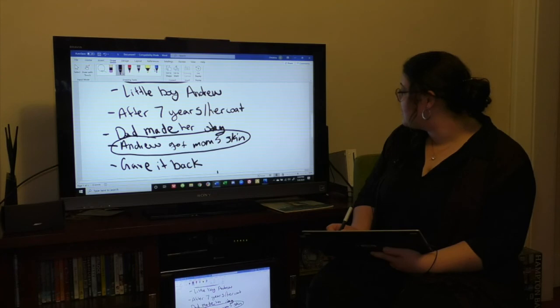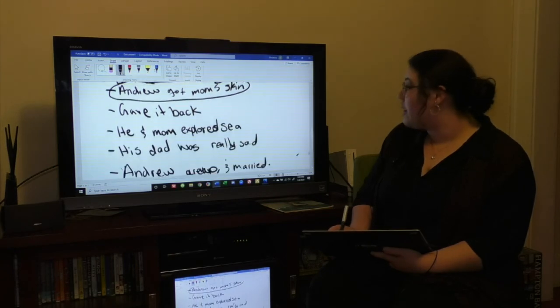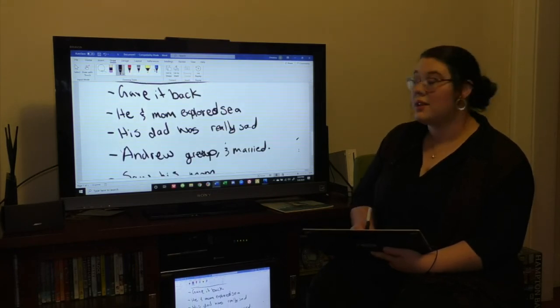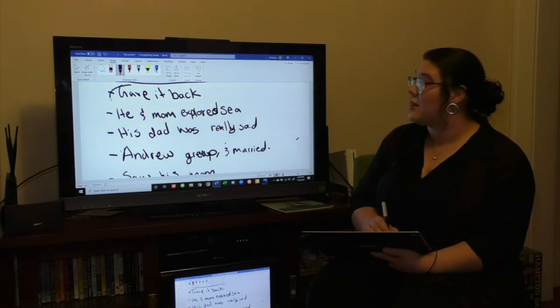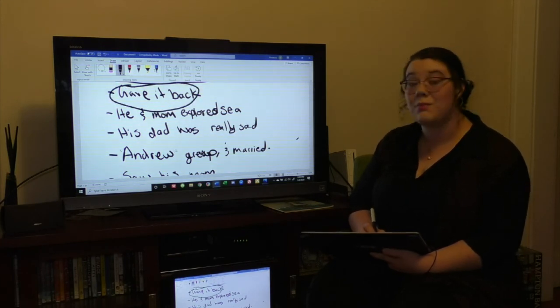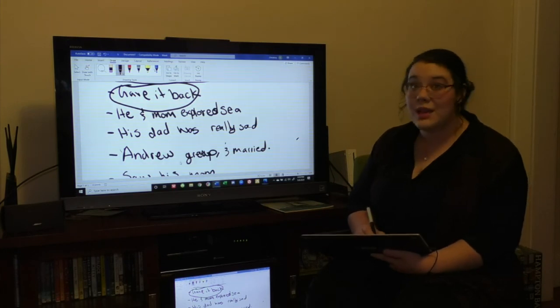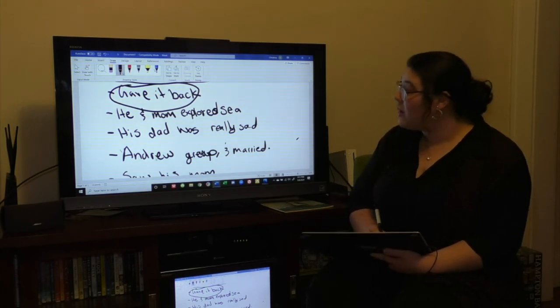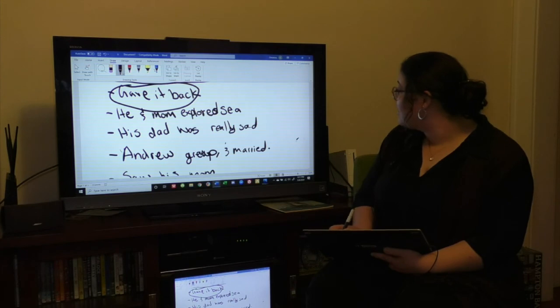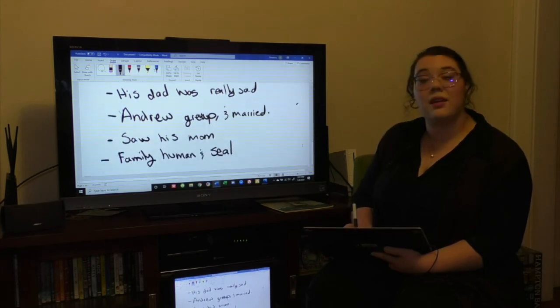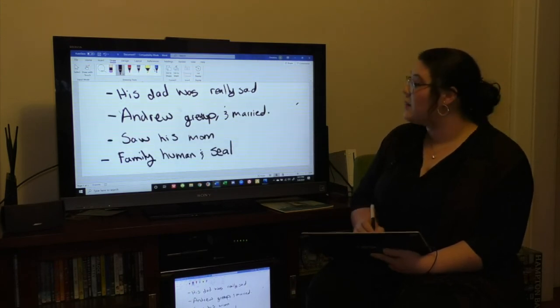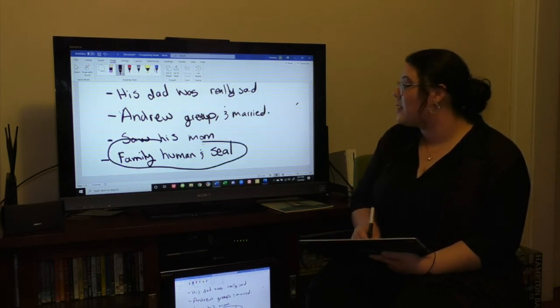Yes, it is. Okay. And then what? He gave it back to her. That's the big thing in the story. He gave his mom her skin back, which is what his dad promised, but didn't do. And then finally, what happened at the end? Their family was all able to still be together.